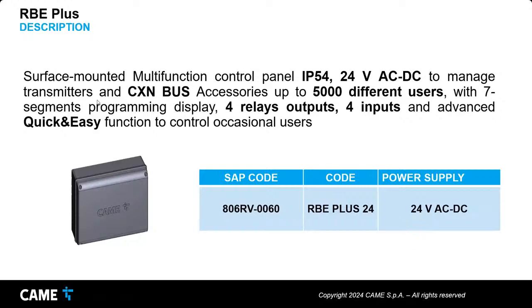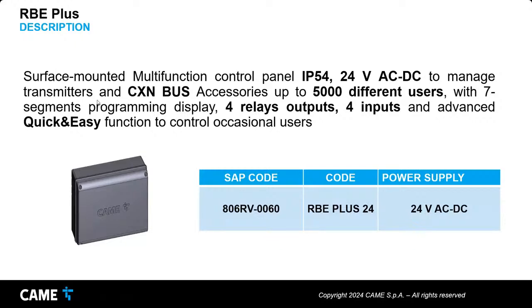But when we go inside, we can find out that there are 2 codes available. First of all, there is the RBE Plus 24, which is the one powered in 24-volt AC DC, and the code is 806RB0060. I can already say that it is compatible with the CXN BUS accessories.